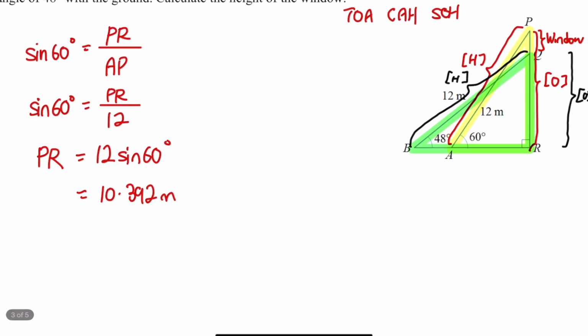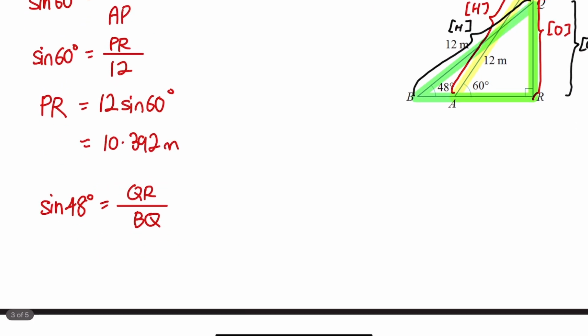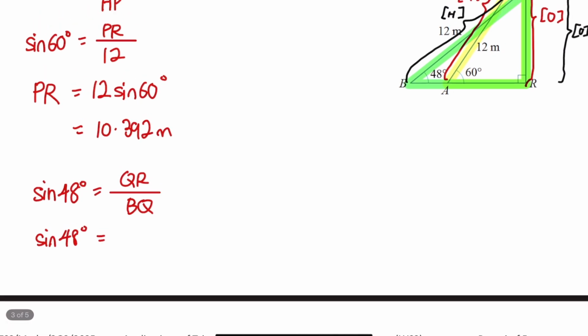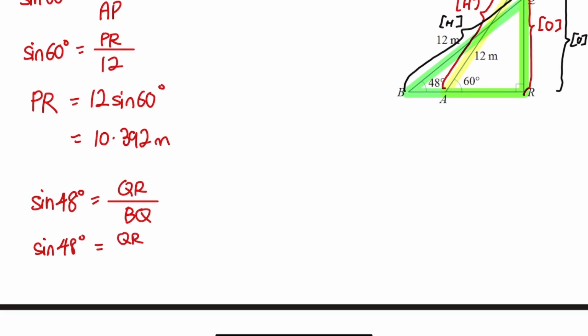This means that sine 48 degrees is equal to QR over BQ, which is the ladder length, 12. So therefore, QR is equal to 12 times sine 48 degrees.